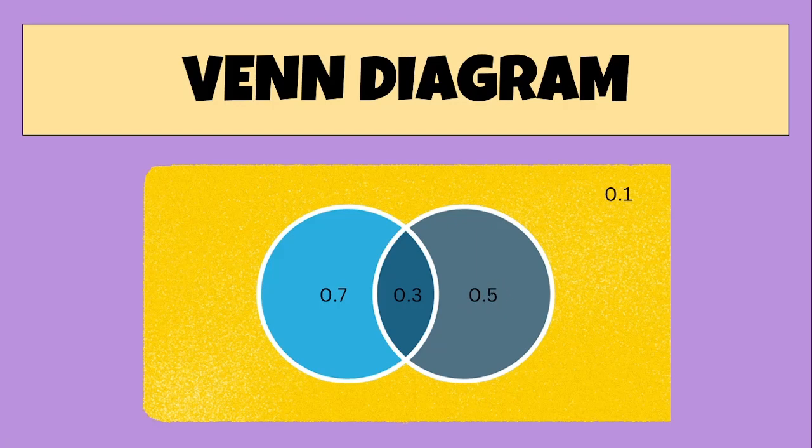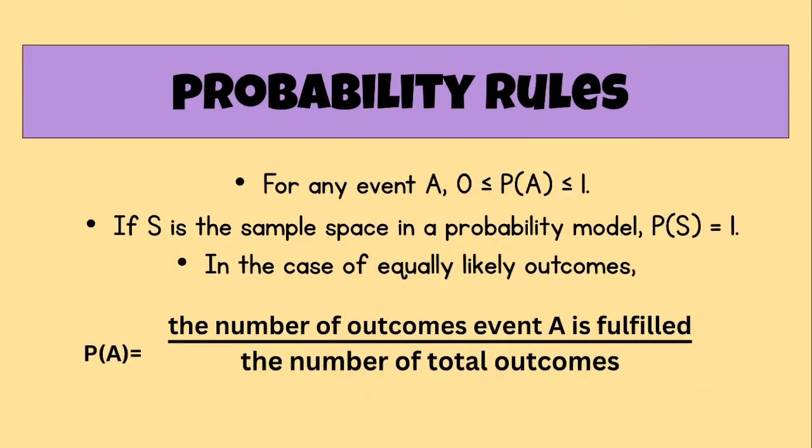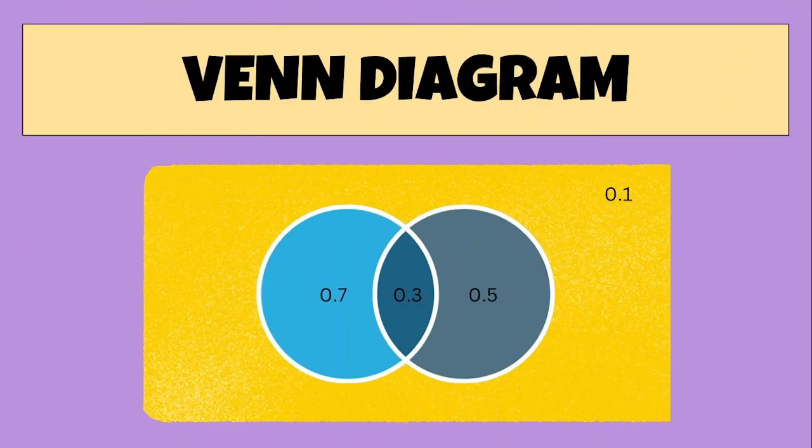Now, if we add these two together, it's breaking the first rule that we discussed, that for any event A, the probability should be between 0 and 1. So this can't happen. This is why we subtract the probability of both events happening simultaneously. Keep in mind, this 0.1 is important and it will play a part later.